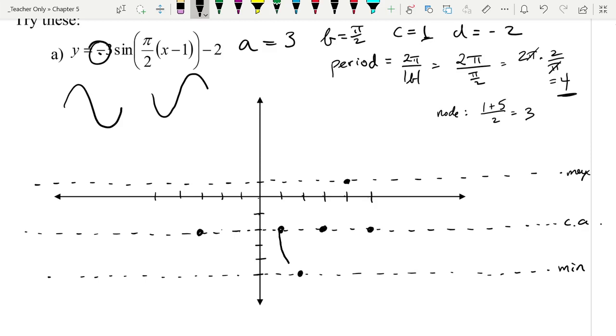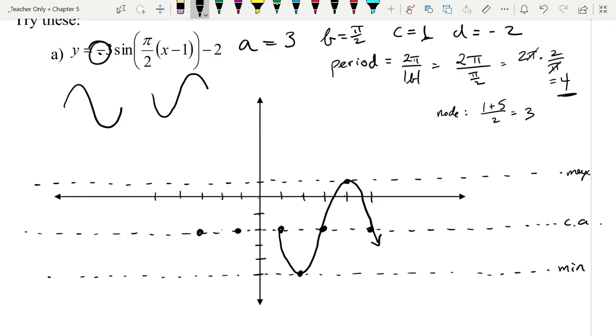Okay, to make this pretty now, let's connect our dots. And again, we weren't told that there was a restriction on domain, so it goes on forever. And since we have all kinds of room, why don't we make another crest and trough? So all I've got to do is count, right? There's a start and an end, which means the node's in the middle. So 1, 2, right in the middle.